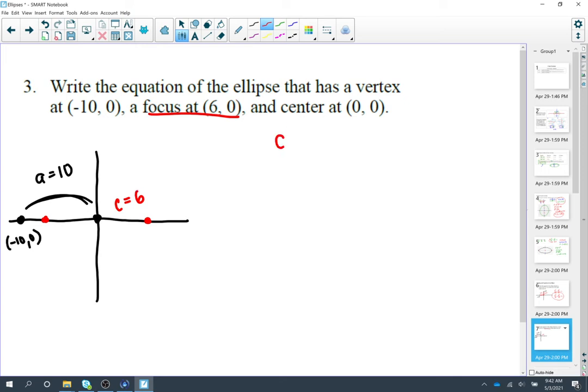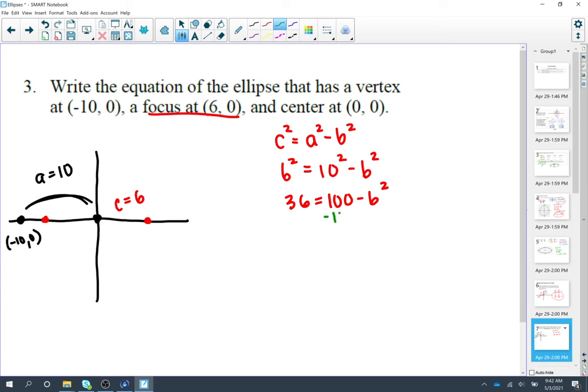So remember, c squared equals a squared minus b squared. So I know c is 6, 6 squared. We know a is 10, 10 squared, minus b squared. So this is 36 equals 100 minus b squared.